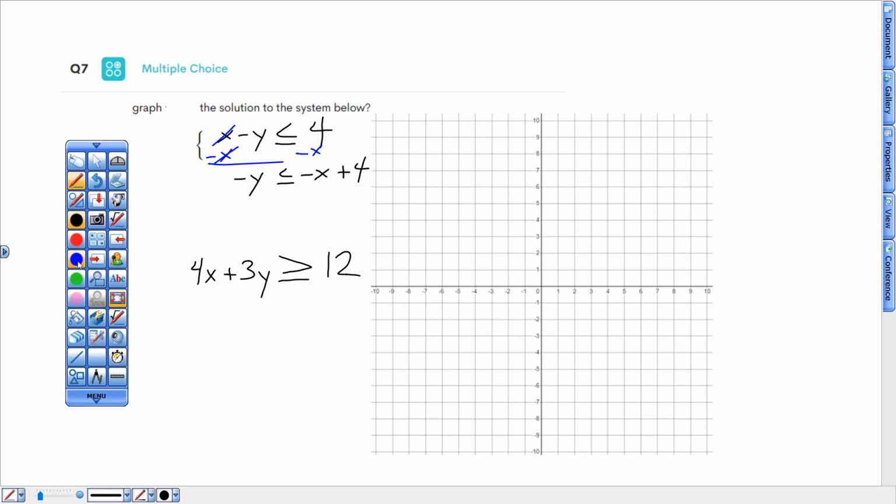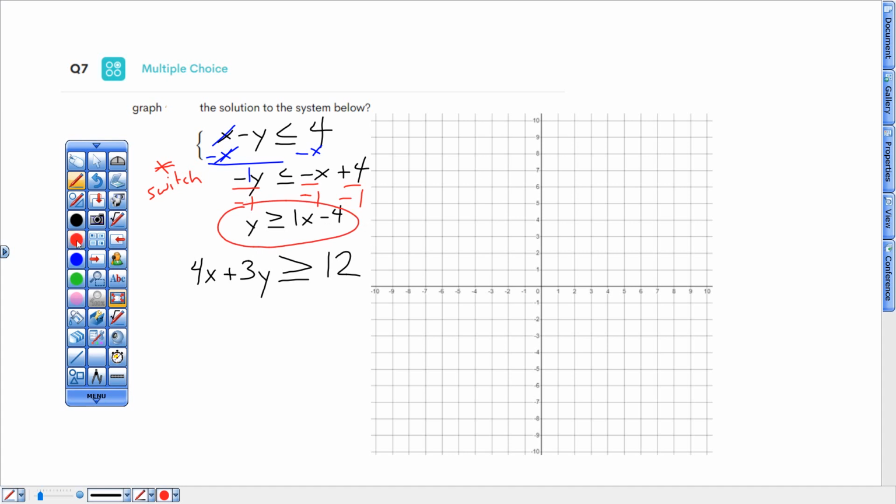Right here, I'm going to divide everything by -1. That is what's going to make it switch. So it's going to end up being y more than or equal to. This then becomes positive 1x. This becomes -4. That's the one I'm going to be doing in red.